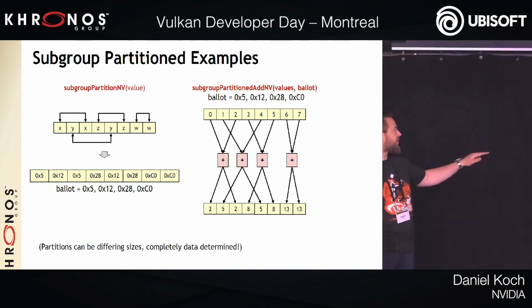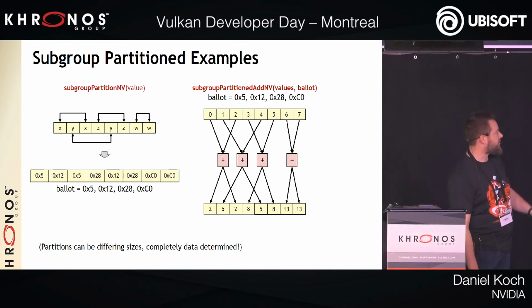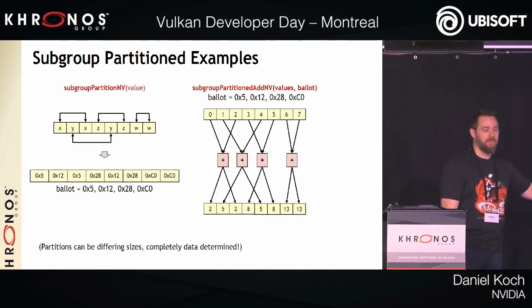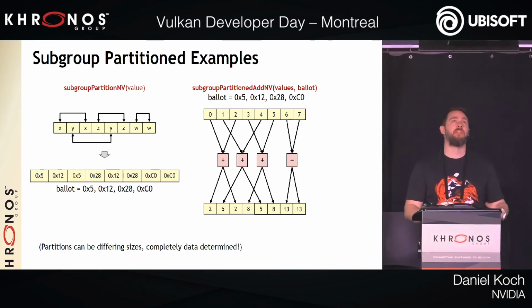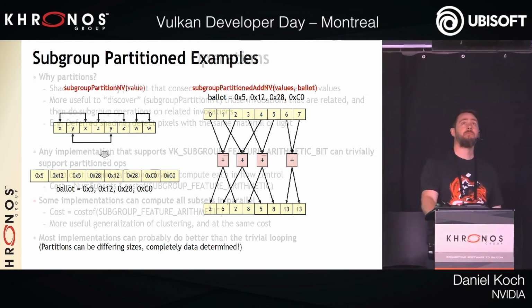And in this case my partitions are the same size, but they don't have to be. It could have been four invocations in one partition, or 1, 2, and 1, for example. It's completely data determined how many invocations are in a partition.